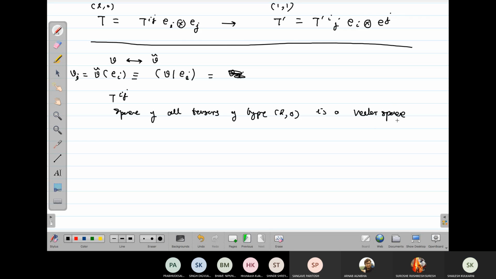We call this a tensor space. I can define a dual space to that. That will be a space of all tensors of type 0 2.